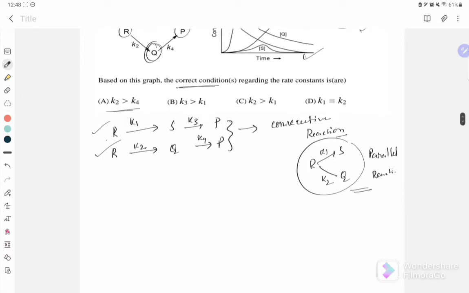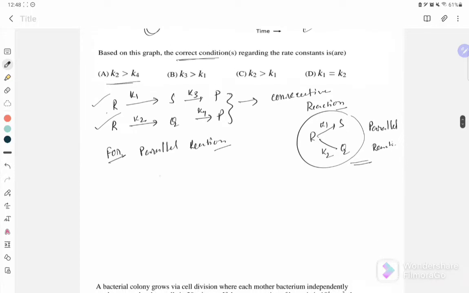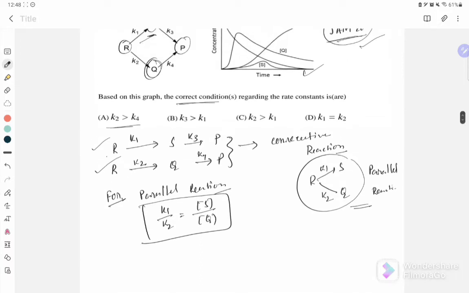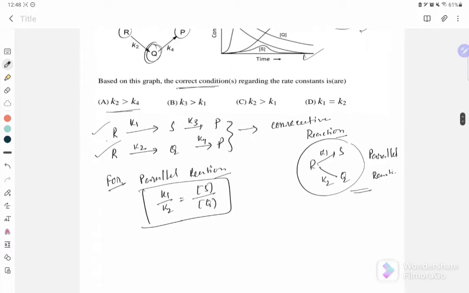So for a parallel reaction we know that K1 by K2 is equal to concentration of S by concentration of Q. Okay, so from the graph we can tell that if K1 is equal to K2, then at a time t, S is equal to Q.